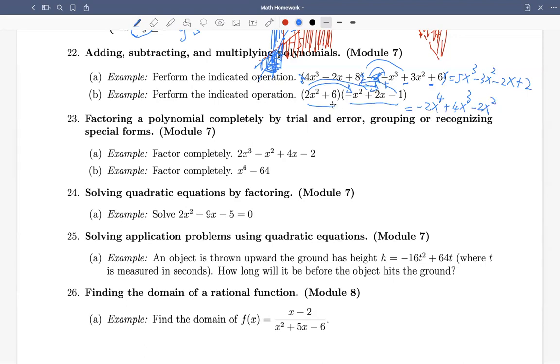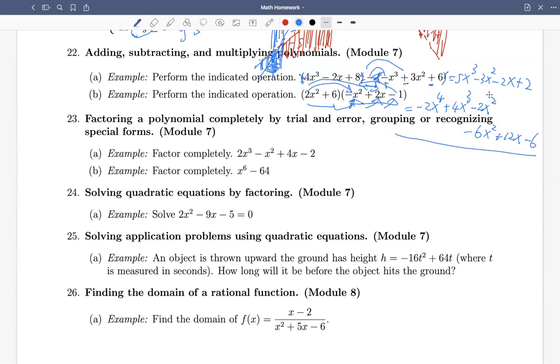Then we multiply 6 with all three terms, right? So 6 times negative x squared is negative 6x squared. 6 times 2x is 12x. 6 times negative 1 is negative 6.